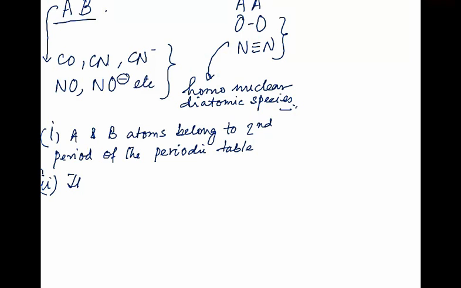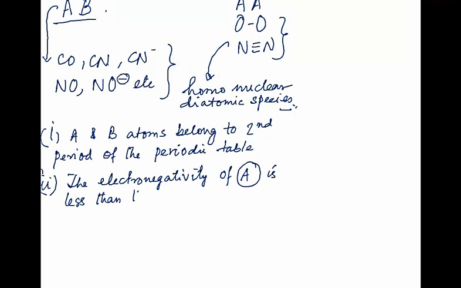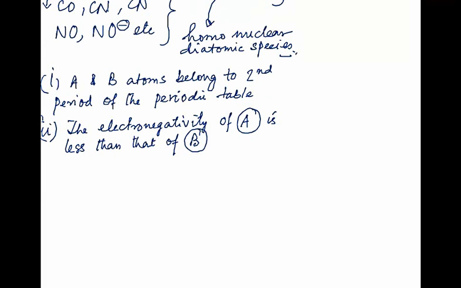And the second point is that the electronegativity of A is less than that of B. So these two are very important points. One, that the A and B atoms of this heteronuclear diatomic species belong to the second period of the periodic table, and also the electronegativity of A will always be less than that of B.